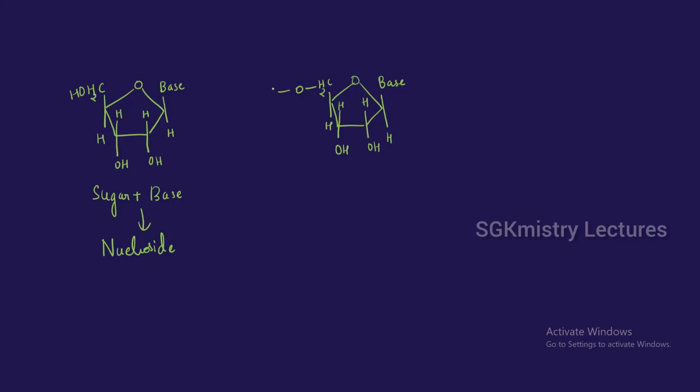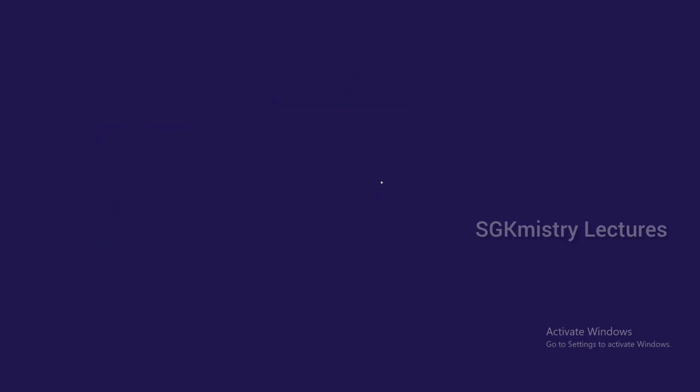Now, we have a phosphate group. So in this case, we have the sugar plus base as well as the phosphate group. So this is a nucleotide. So this is the structure with respect to the nucleoside as well as the nucleotide.